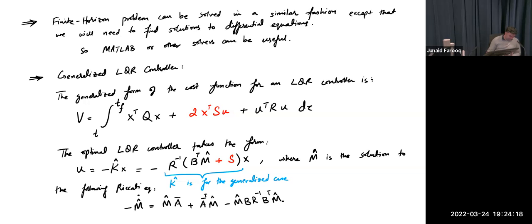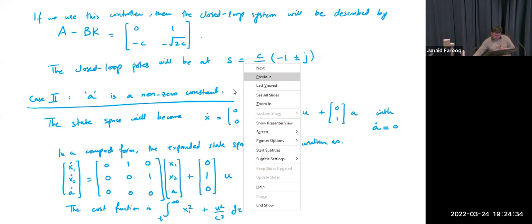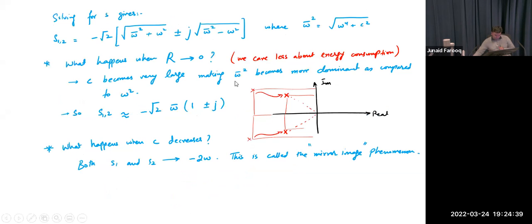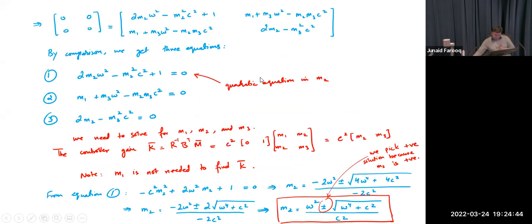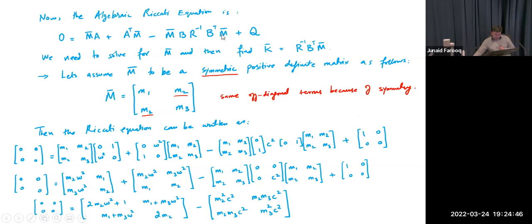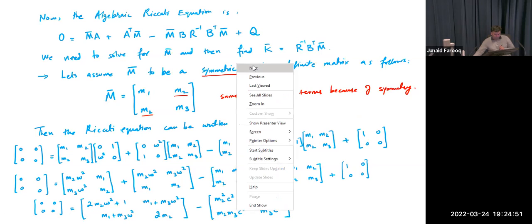I think there's a transpose somewhere. But let's see the previous formulations. Yeah, so M, oh, there's no transpose. So it's M everywhere.